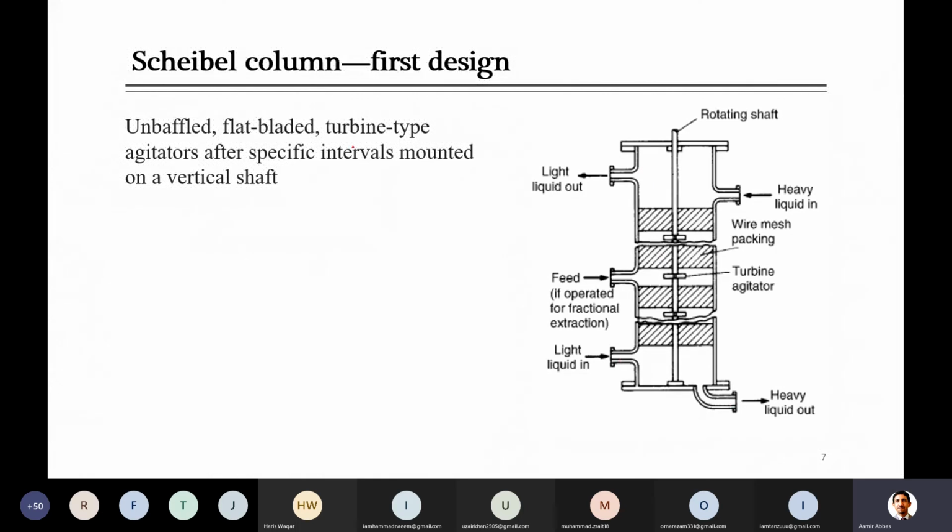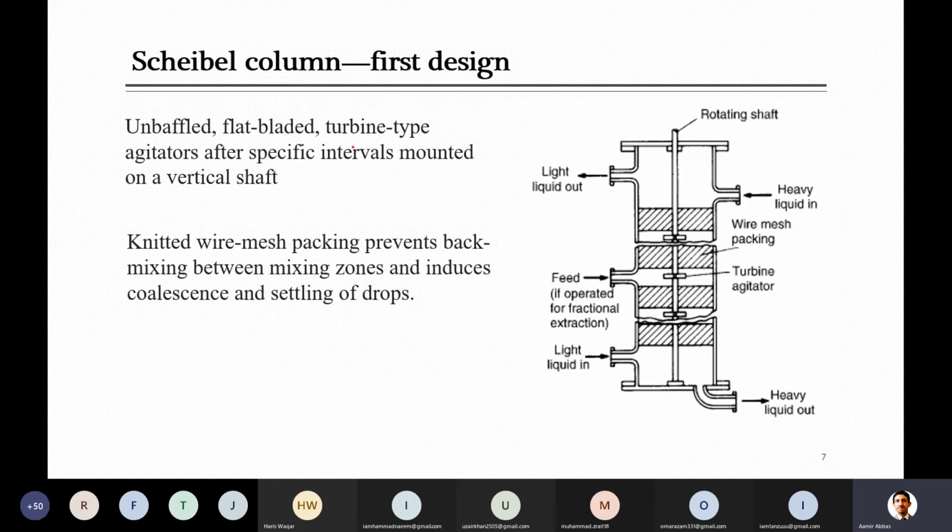In this, as already mentioned, there is knitted wire mesh packing. The purpose of that packing was to prevent back mixing. As we already discussed, back mixing, or mixing in the horizontal direction, reverses the process. We discussed this in the last lecture. That was one of the major problems of spray columns.